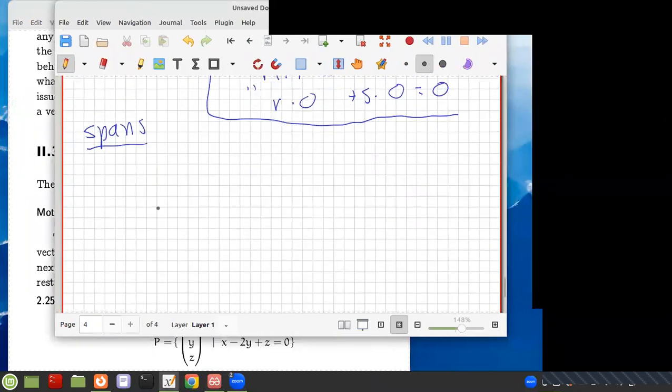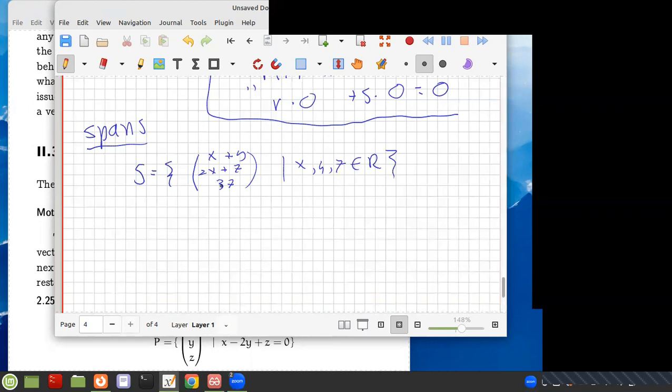Okay, so let's look at, let's say I had a set that was like this. So there's a set of all the vectors of this form, right?